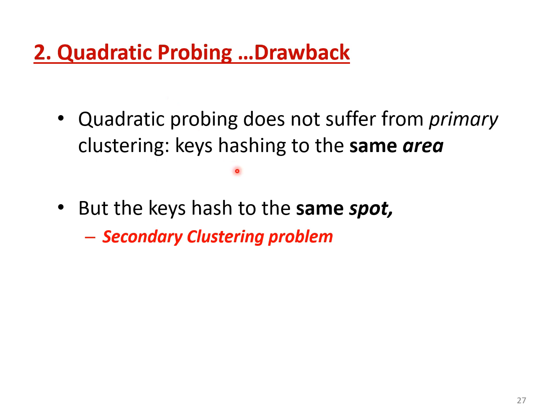Though it does not suffer from primary clustering, that is, keys hashing to the same area like linear probing, here the keys hash to the same spot, which is called secondary clustering. To avoid this, another probing technique called double hashing is introduced, which is presented in the next slide.